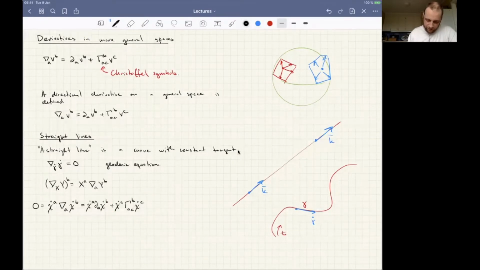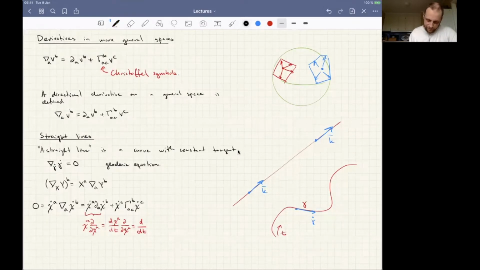But the first term, let's look at what this actually is. So here we have chi dot^A d_A acting on chi dot^B. But this is just d chi^A/dt times d_A, which according to the chain rule is just d/dt.